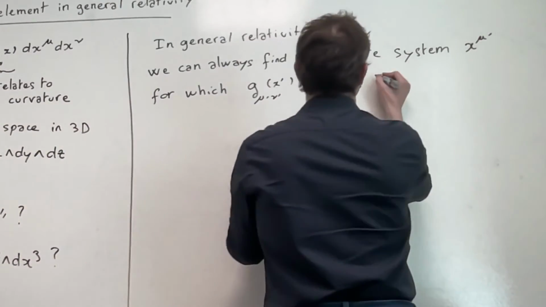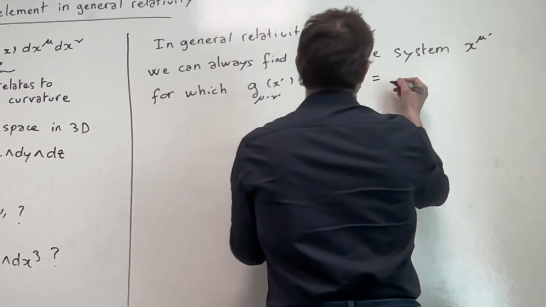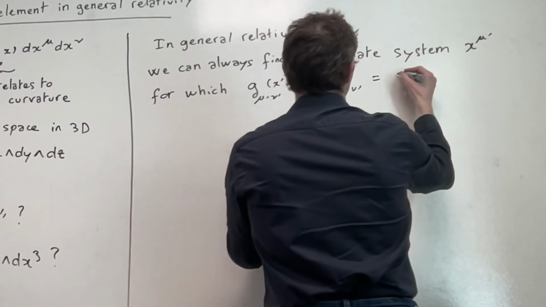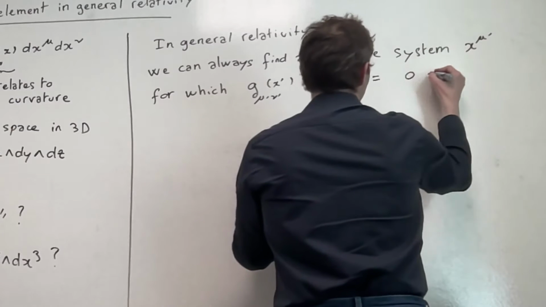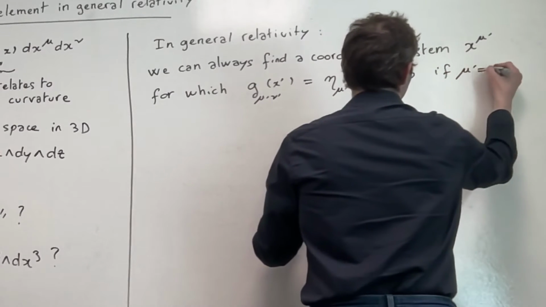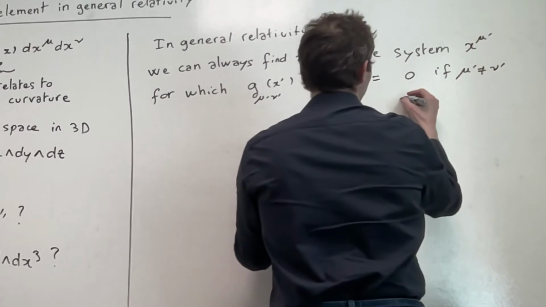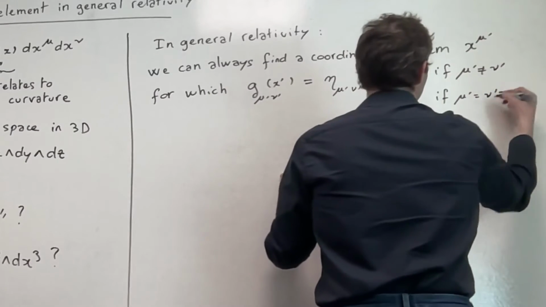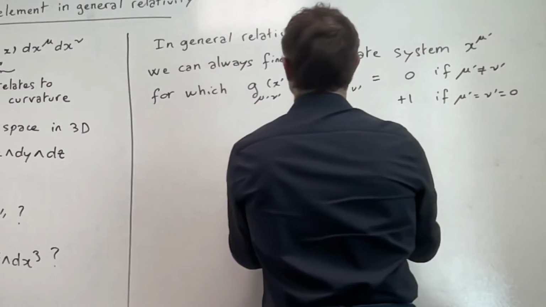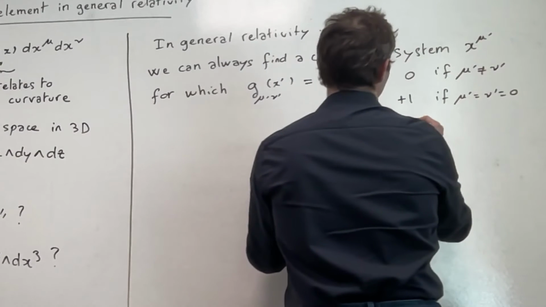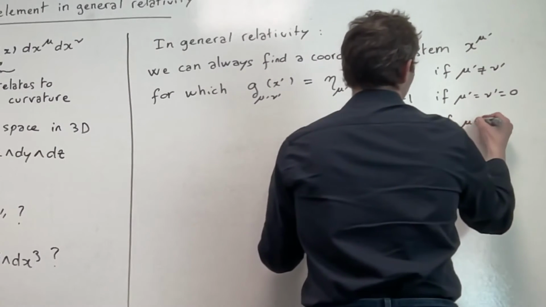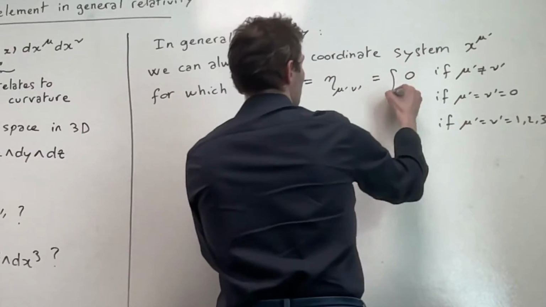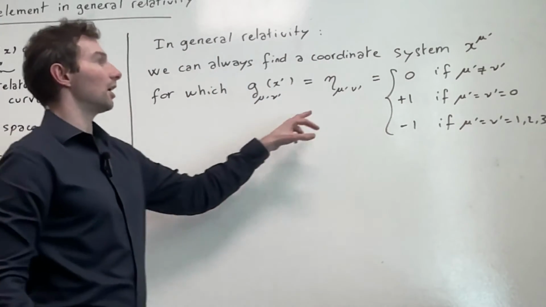And this particular eta mu nu prime is equal to 0 if mu prime is different from nu prime, is equal to plus 1 if mu prime equals nu prime equals 0, and is equal to minus 1 if mu prime is equal to nu prime is equal to 1, 2, or 3. Okay, so that's this particular eta mu nu.